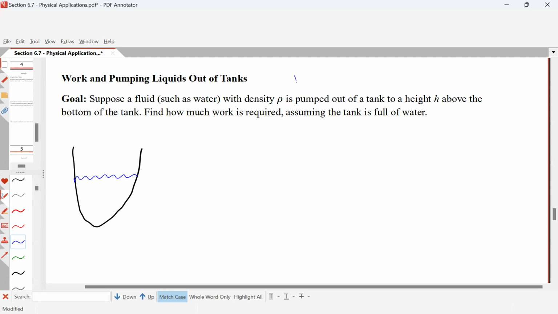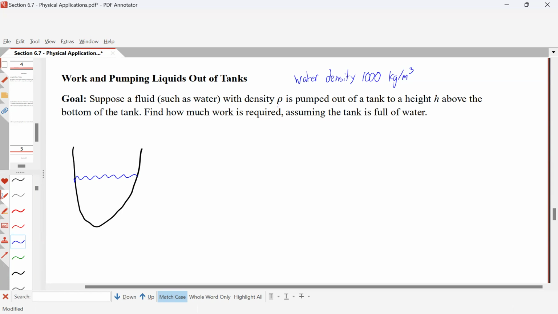Very often water, which we will state in problems, has density of 1,000 kilograms per meter cubed. When that's needed, it'll be stated. But in this case, we're just looking at a generic density of this fluid.